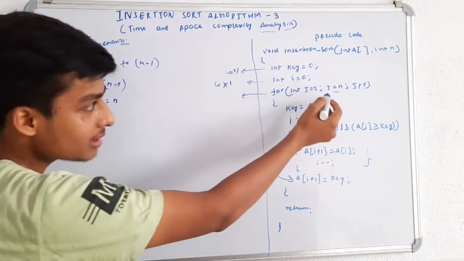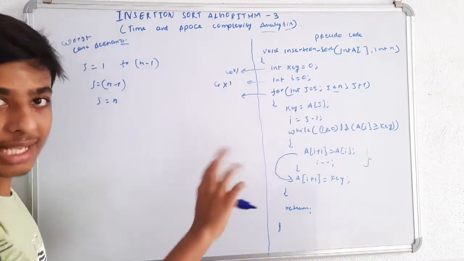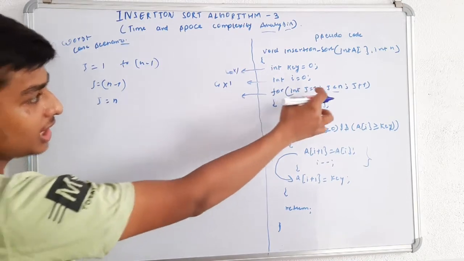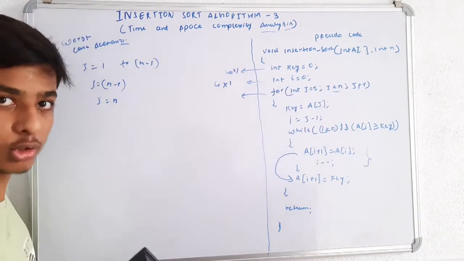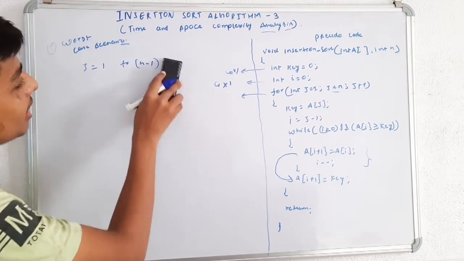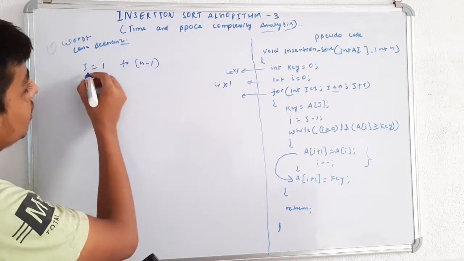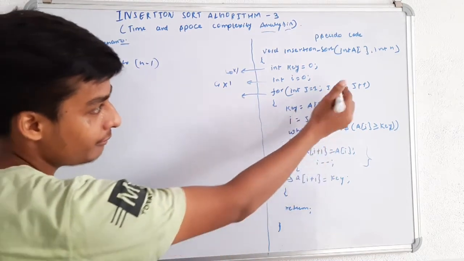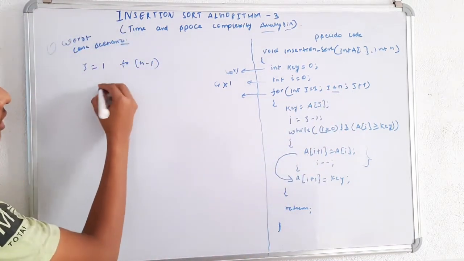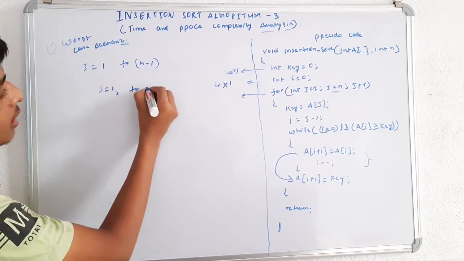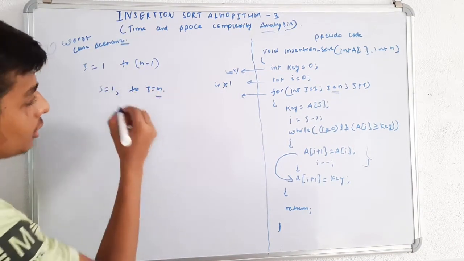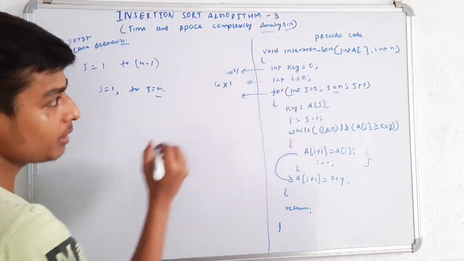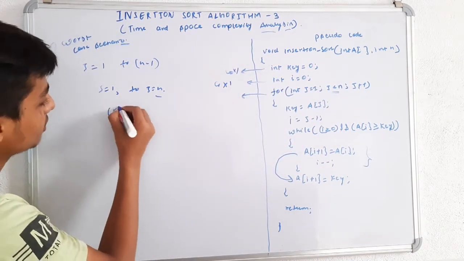That means it will exit the for loop only when the condition is false. So we are also checking the condition j is less than n for the nth time, right? So j is going from 1 to n minus 1, it's true, but we are checking this condition when j is 1 up to j equals n, right? So the total number of executions of this statement is n times.